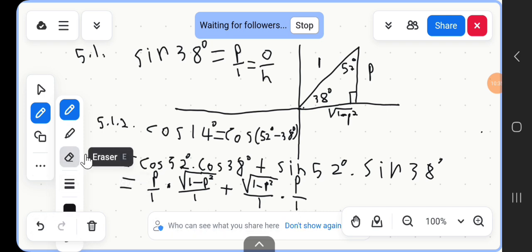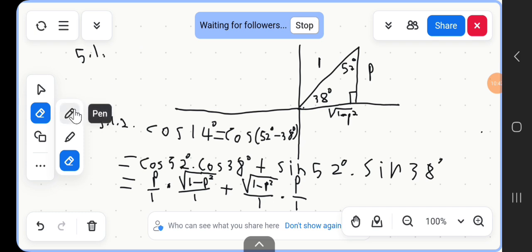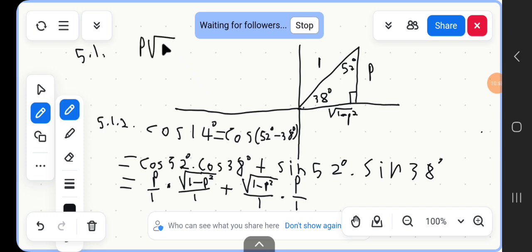In this instance, we can see that we can work on our equation better. So let me just remove this here and continue. p times the square root of 1 minus p squared is just p root 1 minus p squared, plus, same here, p times this is just going to give us p root of 1 minus p squared.